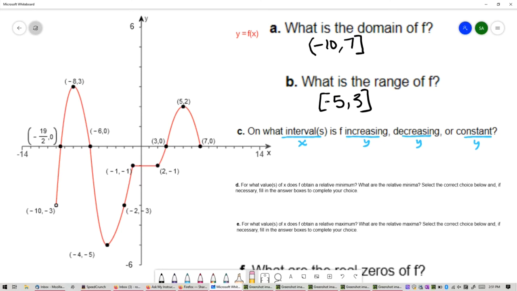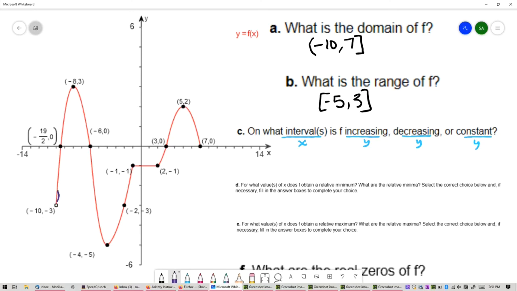So I'm starting as far left as I can so that I can start at the smallest x value. So as I trace, my y values are increasing, then decreasing, then increasing, then constant, increasing, and decreasing. So I'm going to label these different portions of the graph.